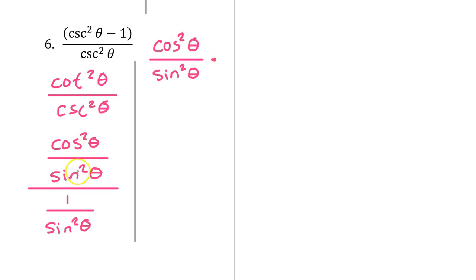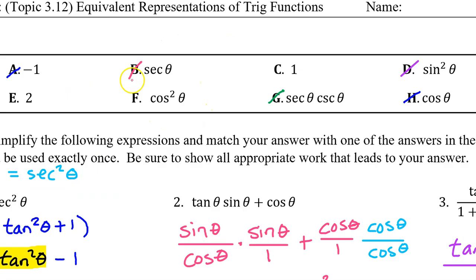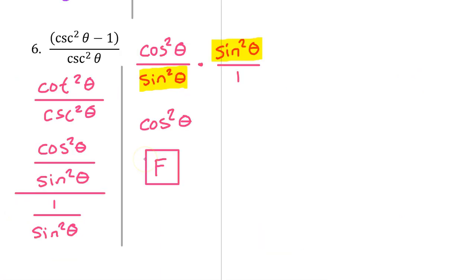That's cosine squared theta over sine squared theta times sine squared theta over 1. Now we notice that we have sine squared theta in the denominator and in the numerator. So these will cancel each other out, leaving behind only cosine squared theta. And that is option F. So that's the answer to number 6.